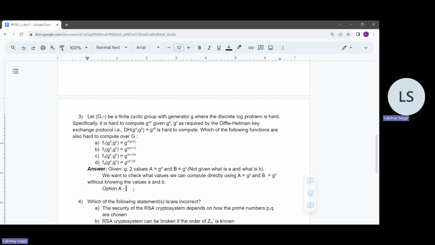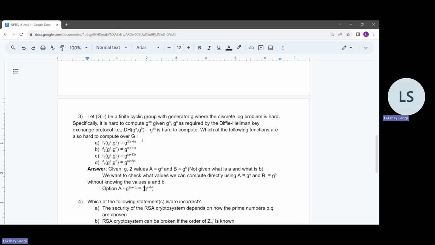I hope it can be seen that G raised to the power 2 times A plus B can just be written as G raised to the power A plus B, whole squared.